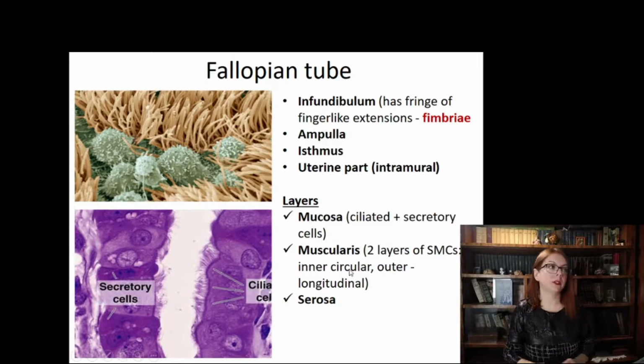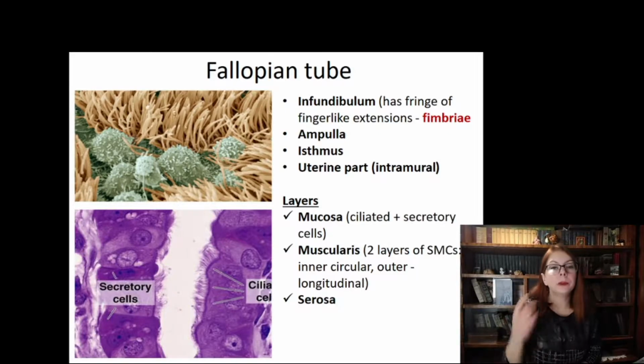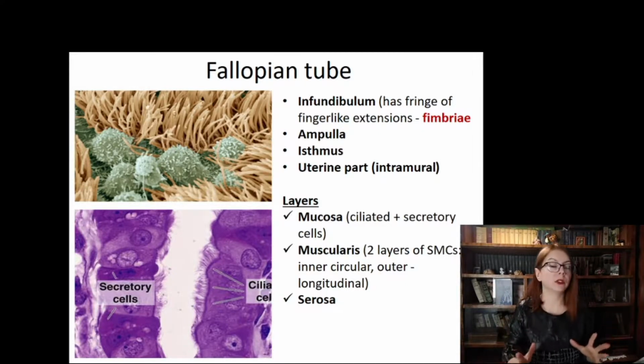These are the two factors helping to transport the oocyte. And female infertility is often associated with fallopian tubes because they could be blocked due to infectious diseases or different other problems, maybe just after surgical interventions. They could be replaced with scar connective tissue.